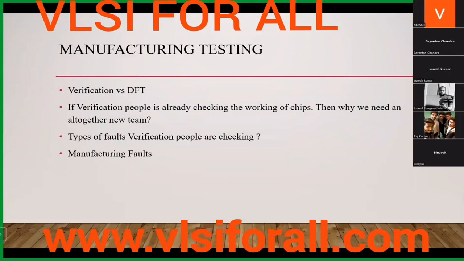Right now DFT is much more than testing. It's actually security, reliability, and silicon lifecycle management. That's a very new concept. So that's not a part of verification, and they are not doing DFT as of now. Almost 90%, I can say 90% or 95% of companies have DFT teams.